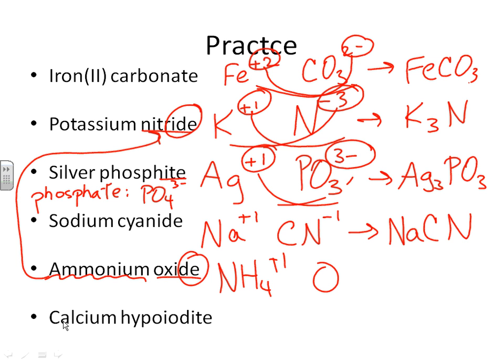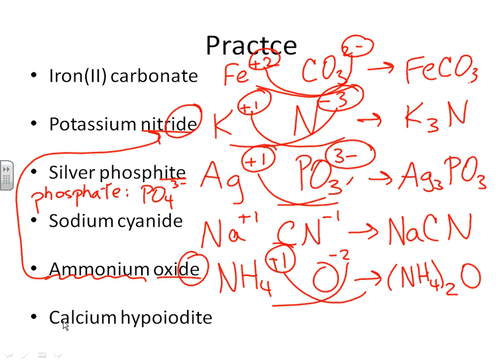What's the charge on oxygen? Look at its place on the periodic table. Group 16, 6 valence electrons, wants to get to 8, so it's going to gain 2 more. Charge of -2. I'm going to need 2 of the ammoniums to cancel out the -2 from the oxide.